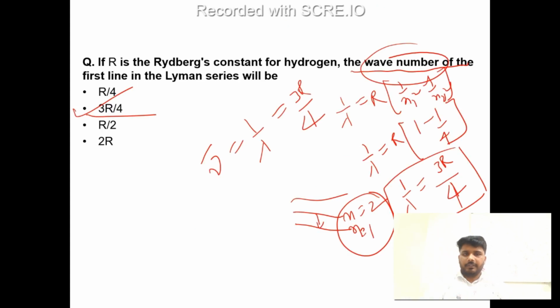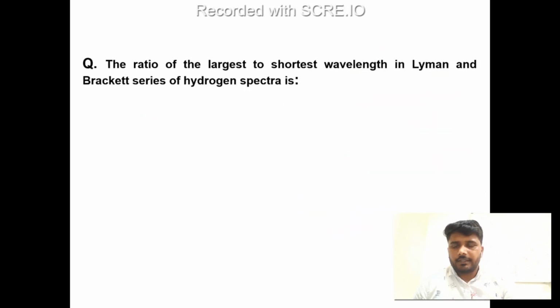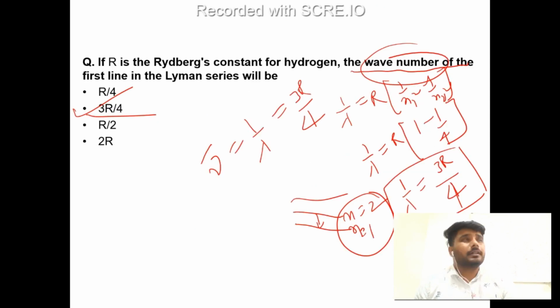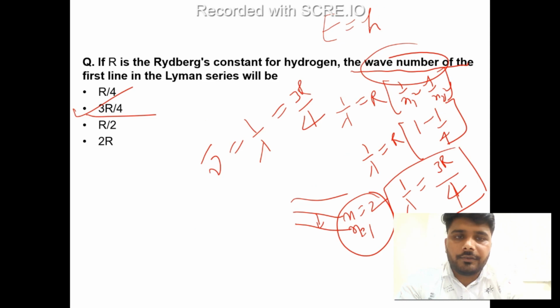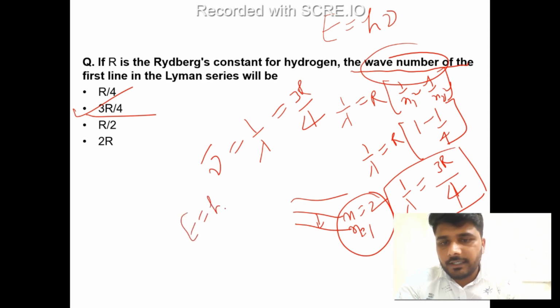Yes, 1 by lambda. Wave number: if you know this expression, E is equal to h nu, right? So you can expand nu as c by lambda, right?